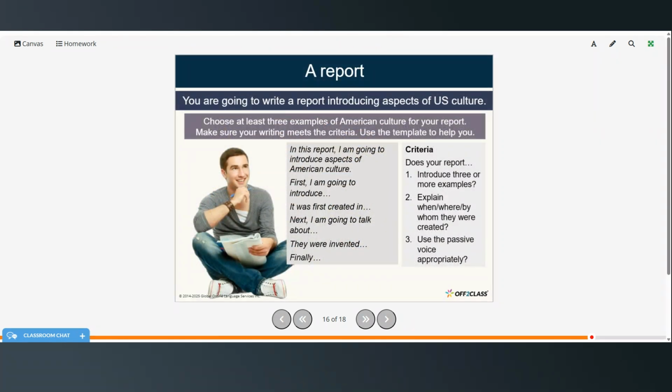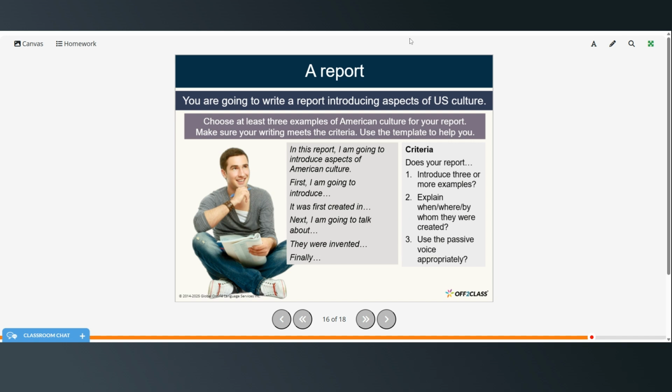So you're going to write a report introducing aspects of US culture. So choose at least 3 examples of American culture for your report and make sure your writing meets the criteria, and you can use this template to help you. Does it introduce 3 or more examples? Does it explain where, when, and by whom they were created?